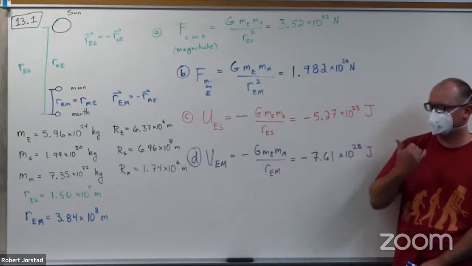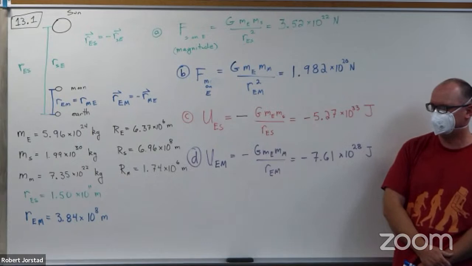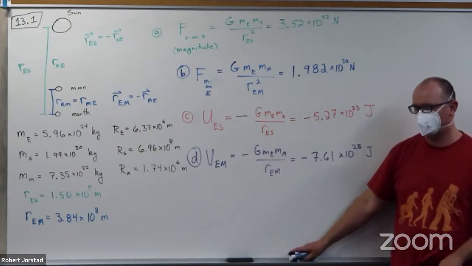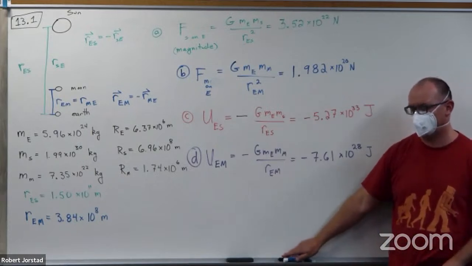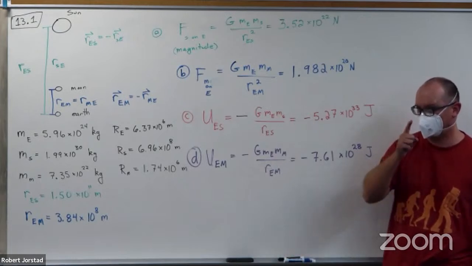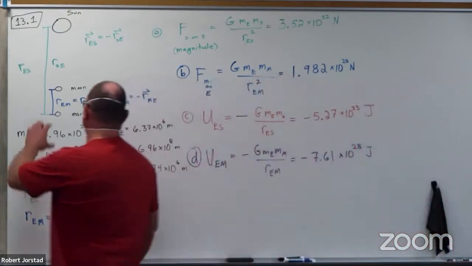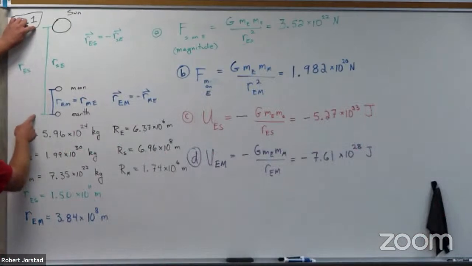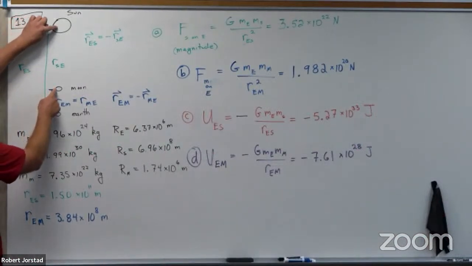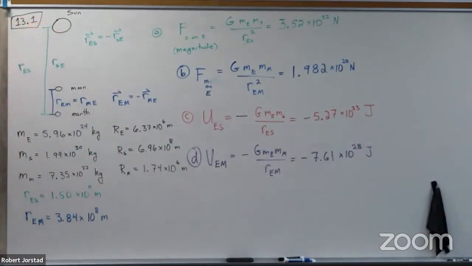How many objects do we have in our picture? Three. How many pairs can you make out of three objects? One, two, three. The three share the energy. You need all three pairs.